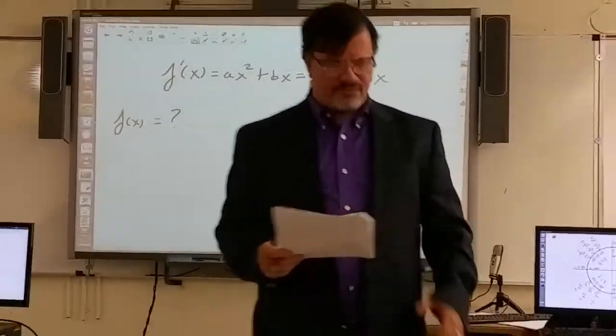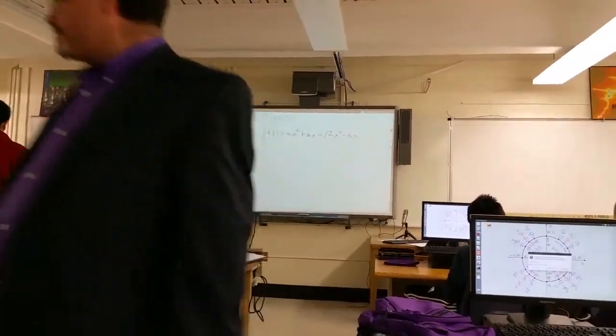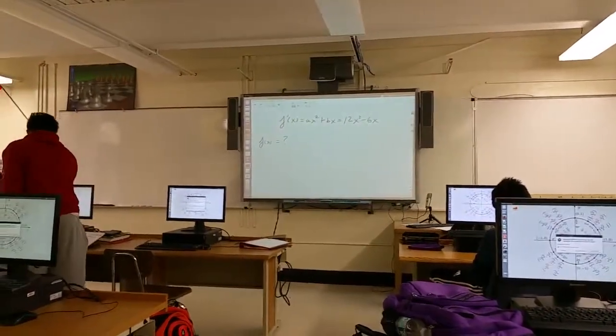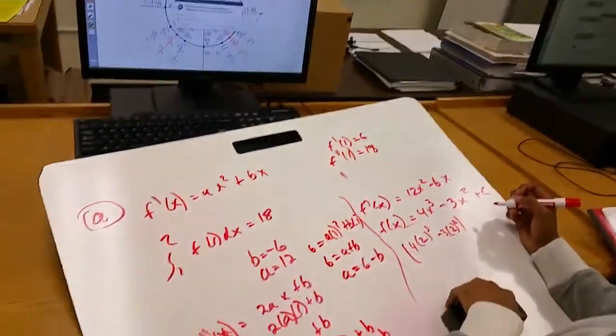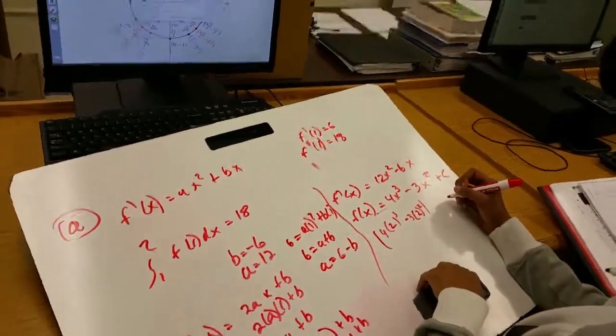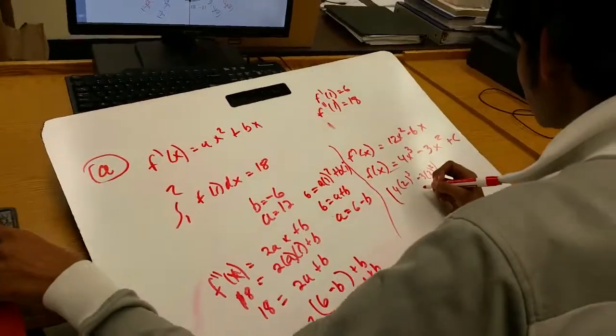Use that information to get f. So part a, we got that a was 12 and b was negative 6. Now can you use that to get f?